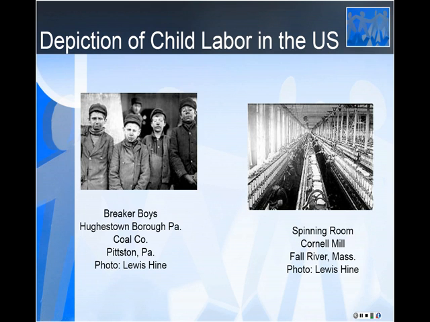So the breaker boys in the coal mines, you had spinning rooms in Fall River, Massachusetts, where children were exposed to very dangerous conditions and long and hard hours. And of course, while they're doing that, they're not going to school.